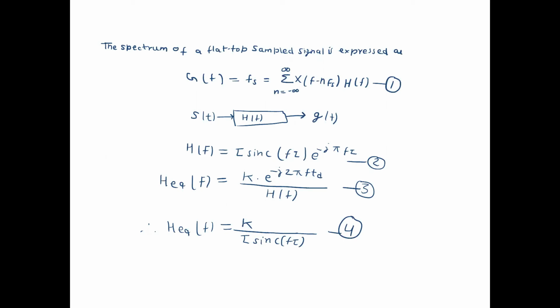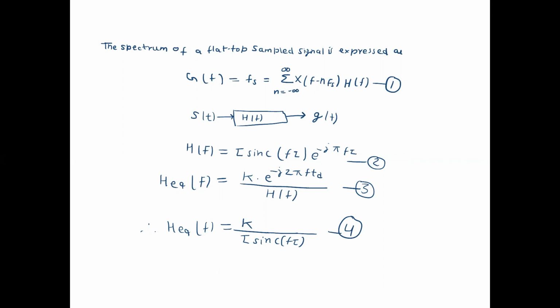So what is the transfer function of the equalizing filter or the equalizer? This transfer function is given in equation 3, where k is a constant, and in order to cancel out, we have the denominator equal to the transfer function of the reconstruction filter, and the introduction of this equalizer introduces a delay T_D. This delay is introduced by this low pass filter H(f), and the amount of this delay is tau upon 2.